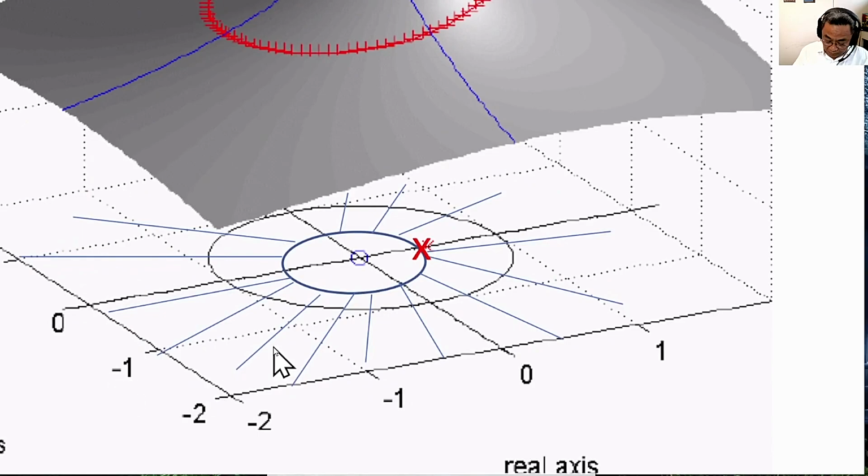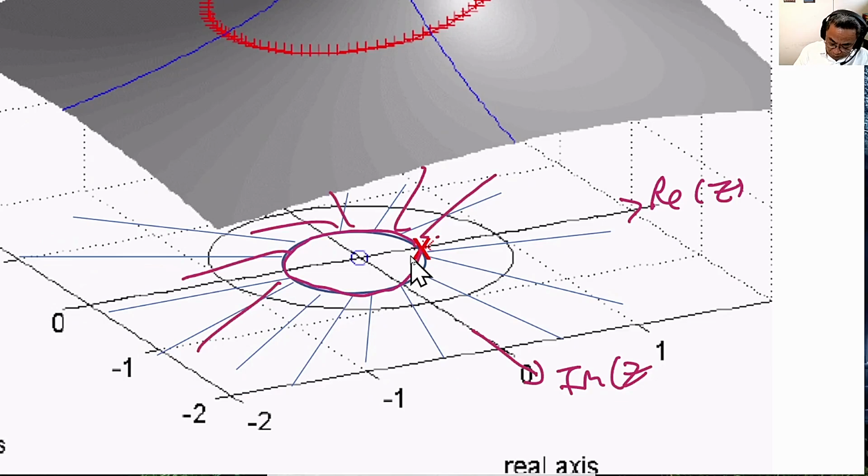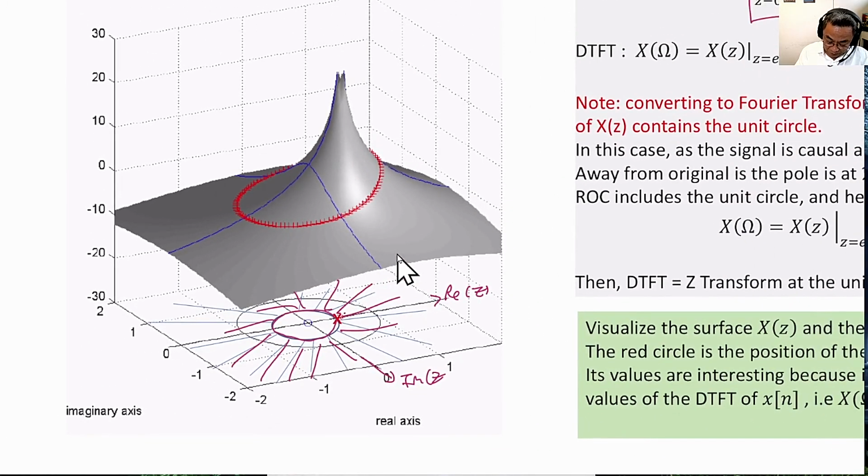We can plot this is the real part of z, and this is the imaginary part of z along here, and then this circle here is the unit circle of radius 1, and we have a pole sitting here. And because the sequence is causal, we can shade a circle of this radius and extend it outwards, and this extension is the region of convergence, and this region of convergence will touch the unit circle, showing that the system is stable if this is a transfer function.